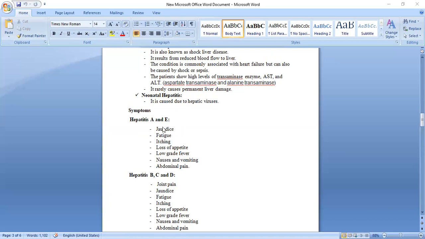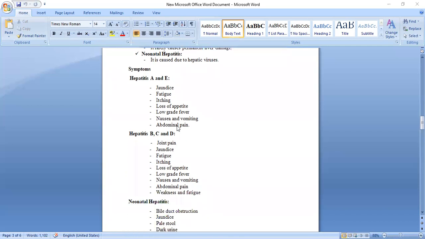You may write here the jaundice symptoms also, because hepatitis causes jaundice, isn't it? So you can add the symptoms of jaundice also. These are loss of appetite, low grade fever, nausea, vomiting, abdominal pain. You also see fatigue and itching in jaundice.